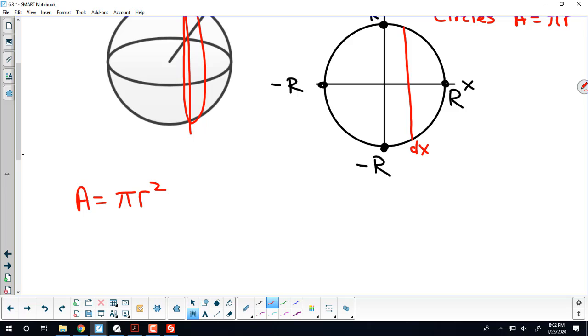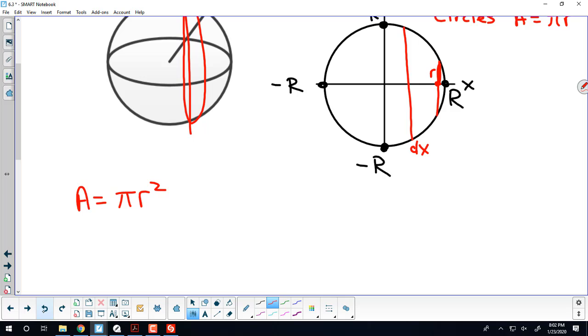And notice I'm using a lowercase r here because these things vary. If I'm slicing right down the middle of that thing, then this circle right here does have a radius of capital R, but only at that particular location. Anywhere else I slice it, it's going to have a different radius. So this slice here just gives me this radius.